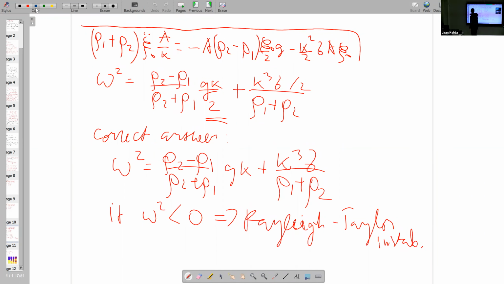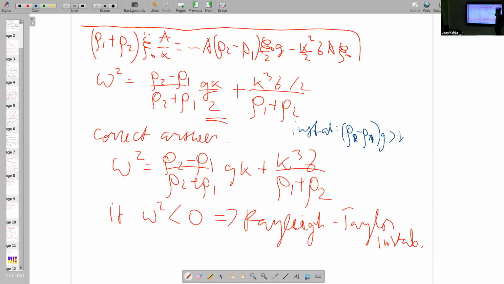So for instability, we have (ρ1 minus ρ2) times gk... Let's write it the other way around. ρ2 minus ρ1 times g must be bigger than the next term.